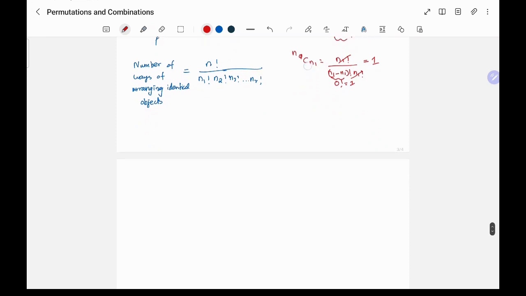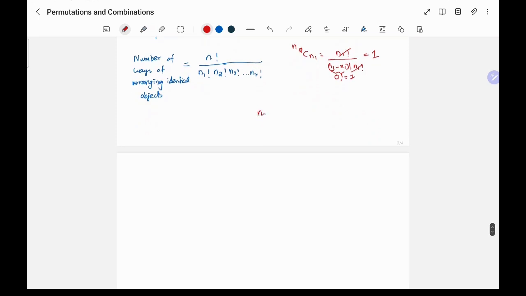And another simple case, if there are n identical objects and number of ways of arranging them in r places. So how much will it be? Since they're identical, right?